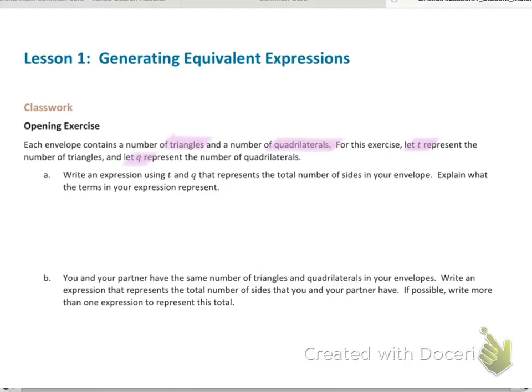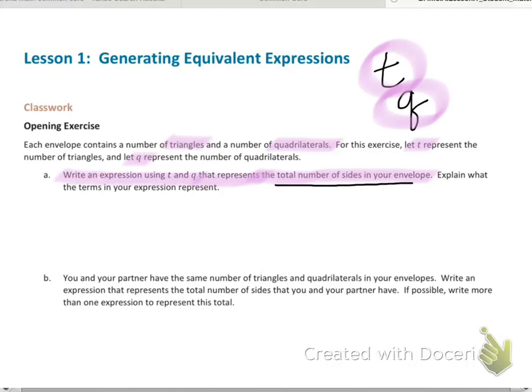So we have our variables, T and Q. The first part, A, asks you, even though we haven't opened our envelope yet, to write an expression using T and Q that represents the total number of sides in your envelope.